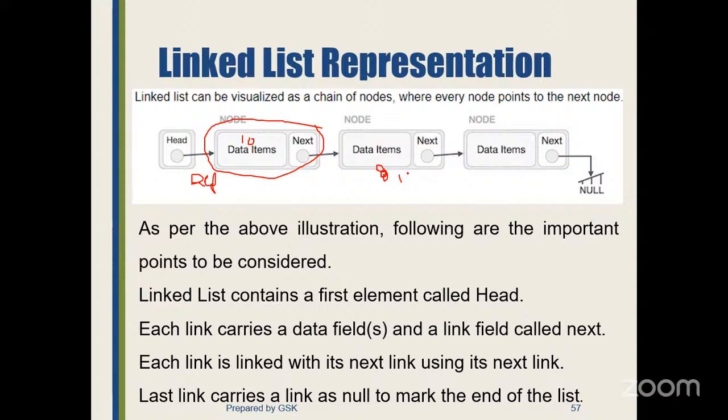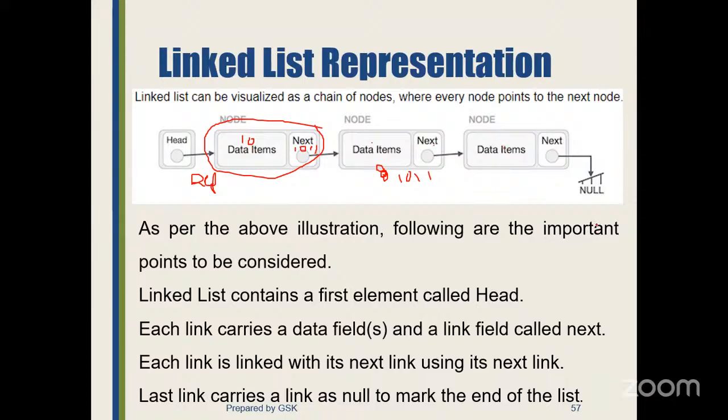For example, the address of the third node is 1011. So in the next part, we have 1011. The next part contains the address of the next node. And in this node also, we have the element and the address of the next node, and so on.